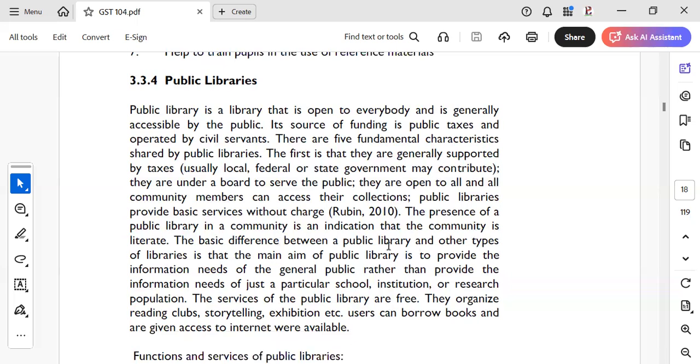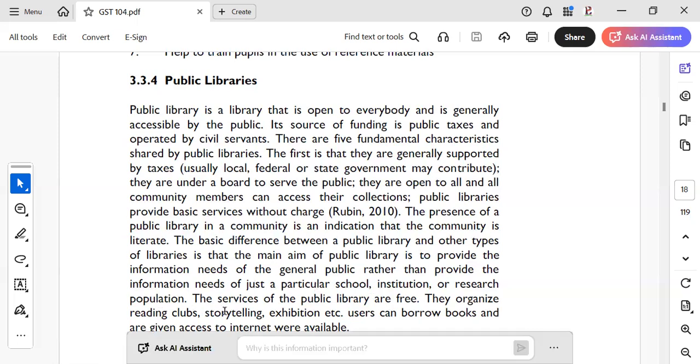Now, the basic difference between a public library and other types of libraries is that the main aim of a public library is to provide the information needs of the general public rather than the information needs of just a particular school, institution, or research population. This difference is very important.